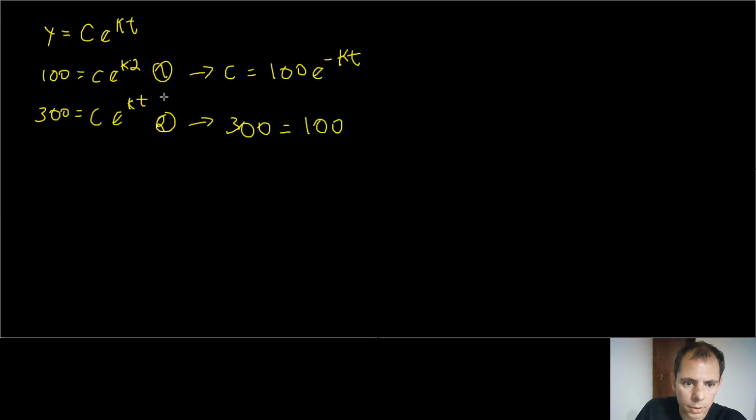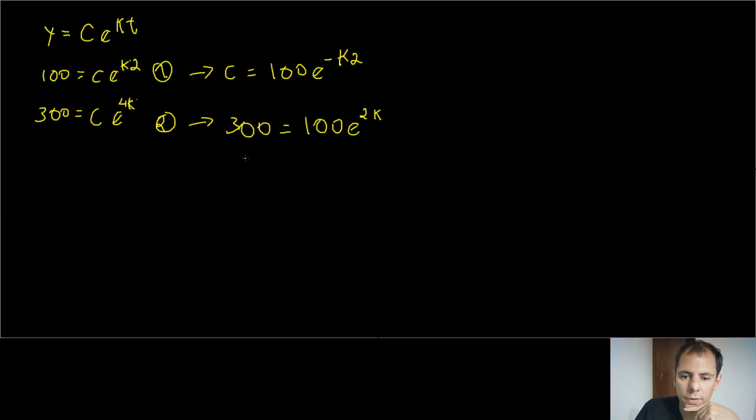I'm going to have to erase a bunch of things in here. Erase over here. Kind of like that. Okay, so this is going to be after the second day, and this is going to be at the fourth day. All right, so e to the minus 2k times e to the 4k is going to be e to the 2k.